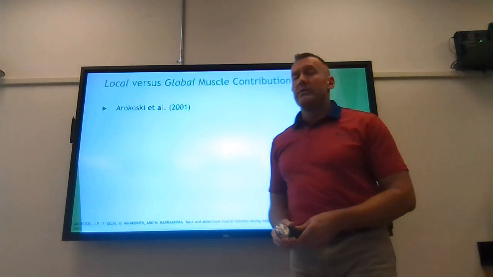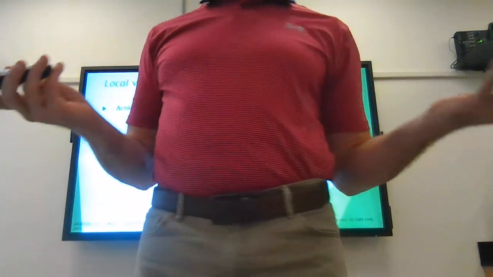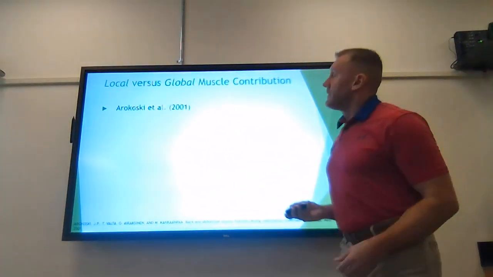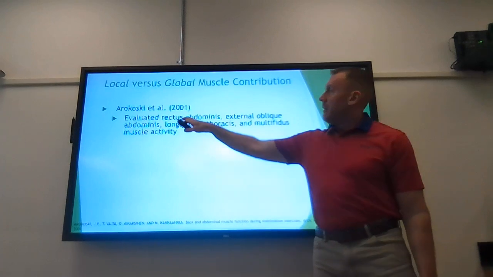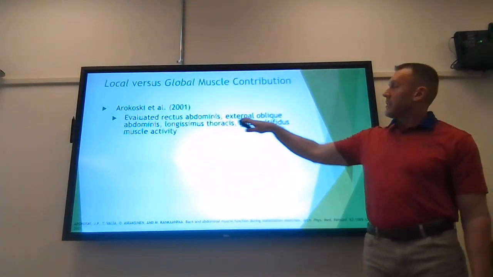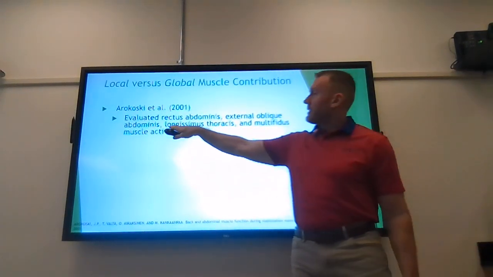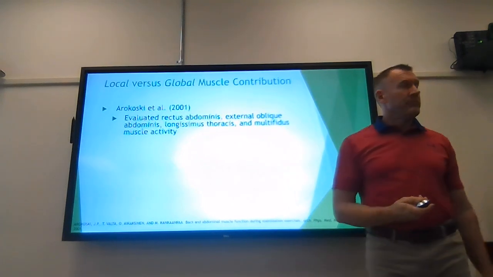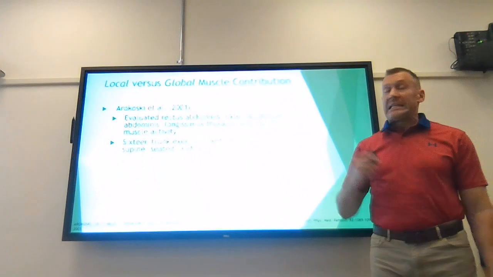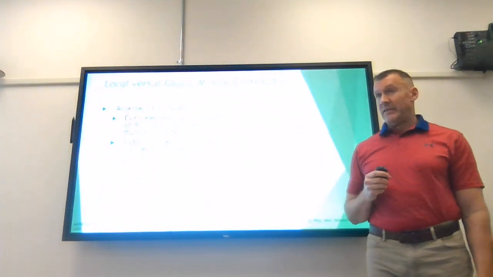Okay, so what about studies that have looked at local versus global? Here's an interesting study done back in 2001. They evaluated lots of different core muscles: rectus abdominis, external oblique abdominis, longissimus thoracis, and multifidus. They did 16 different exercises.